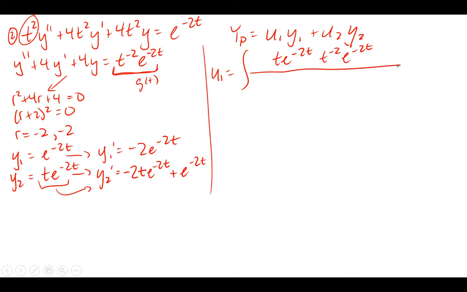And that's all going to be over, and I start with the same thing, y2, that goes with y1 prime, and then minus the other two. It doesn't really matter what order you put them in, so I'll put them in this order: y1, and then negative 2t e to the negative 2t plus e to the negative 2t.